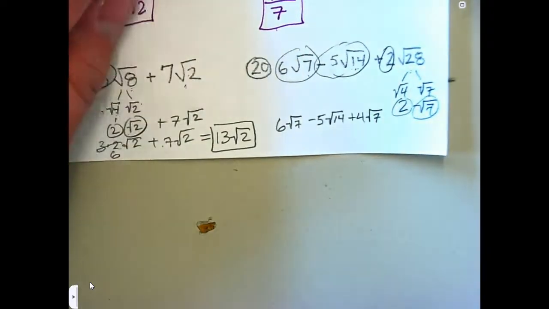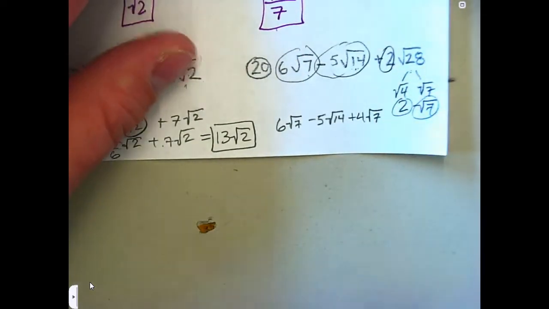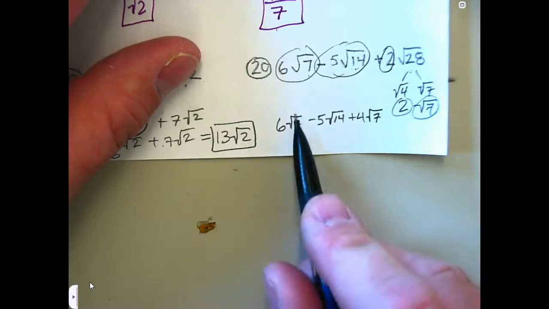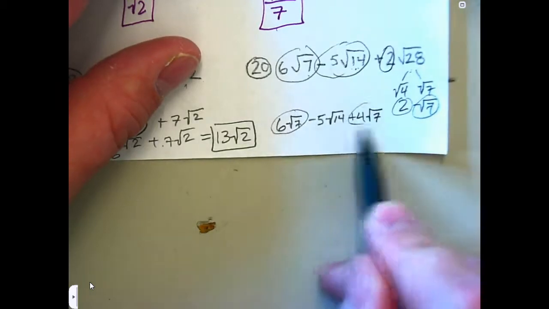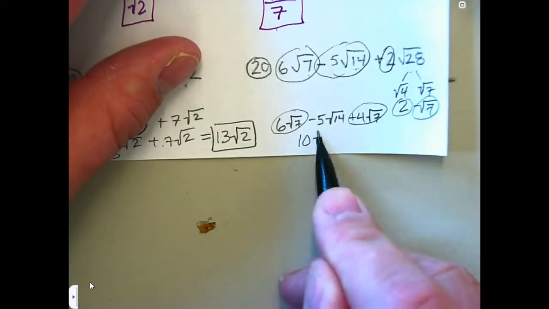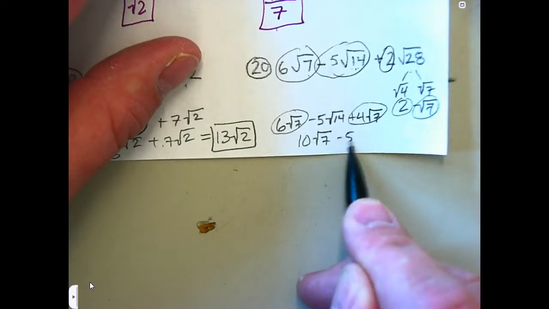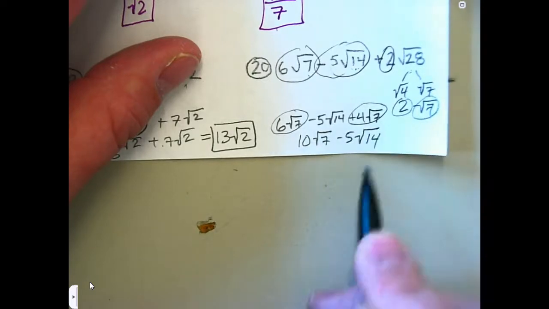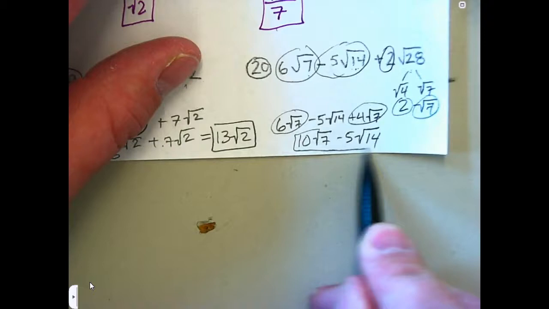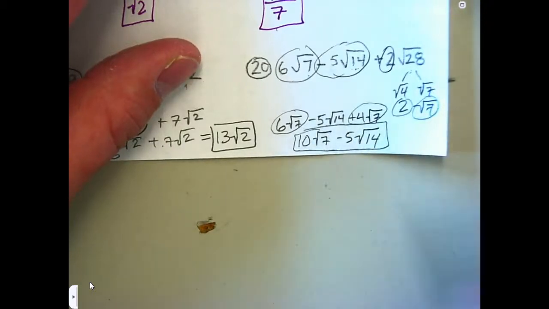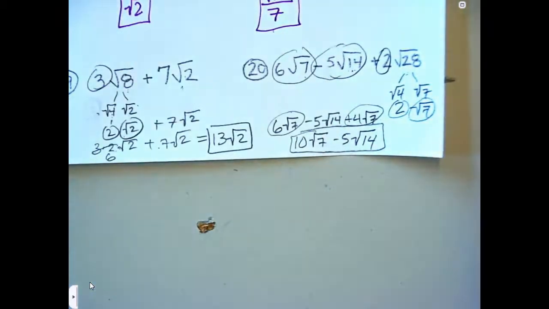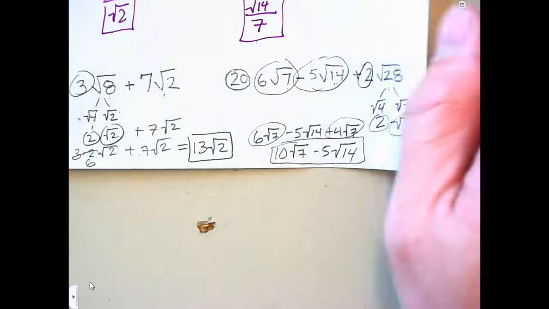What can I do with that? Combine like terms. 10 root 7s minus 5 root 14s. I can't go any further than that because 14 and 7, those roots can't become the same. Okay? Questions?